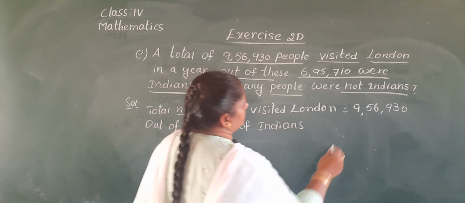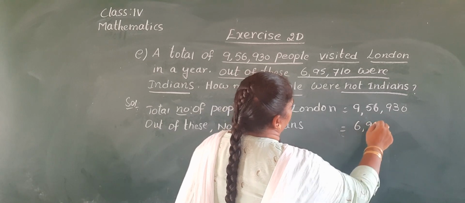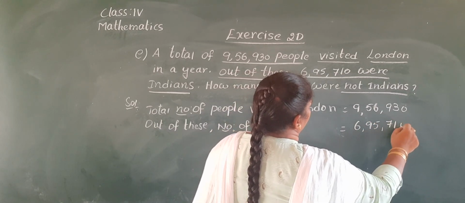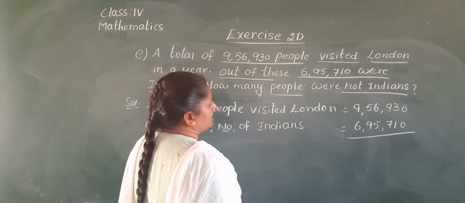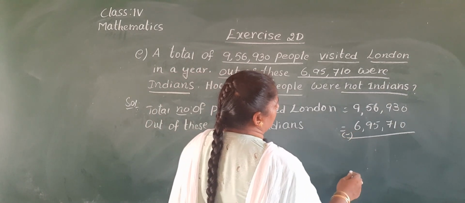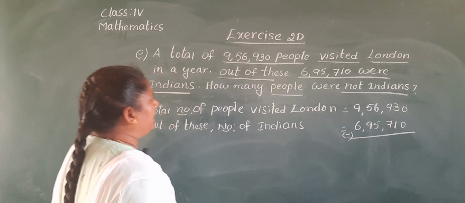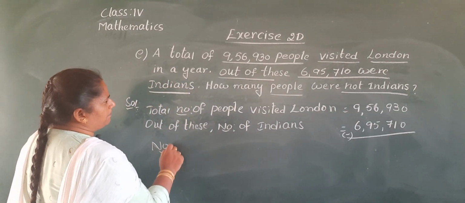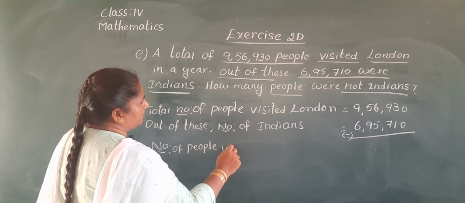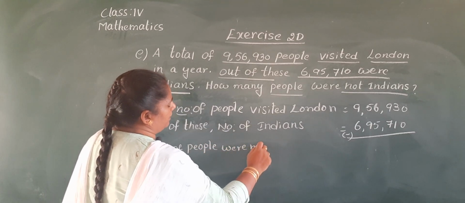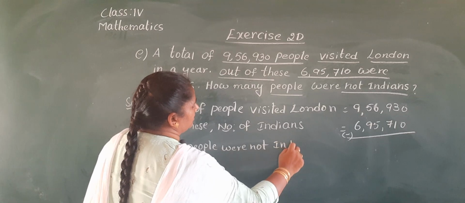Number of Indians, 6,95,710. Now we find out the number of people who were not Indians.